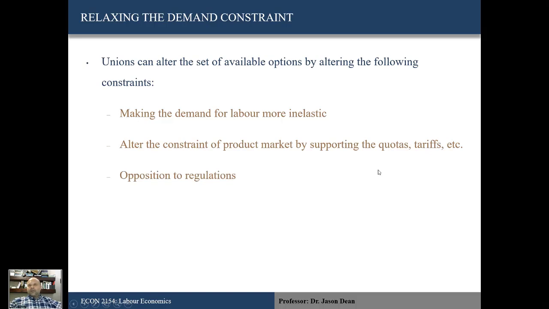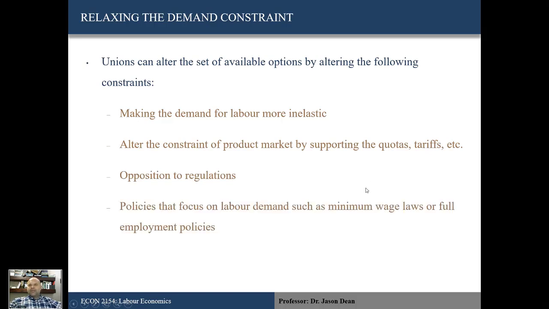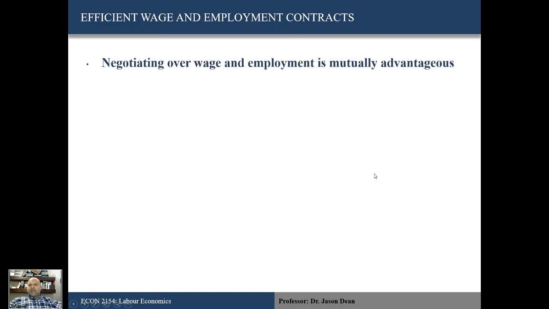They will have opposition to any regulations, and they will also want to promote policies that increase the alternative wage, which would be things like minimum wage laws or also full employment policies. And of course, they would also try to limit immigration, as this could potentially drive down the alternative wage.